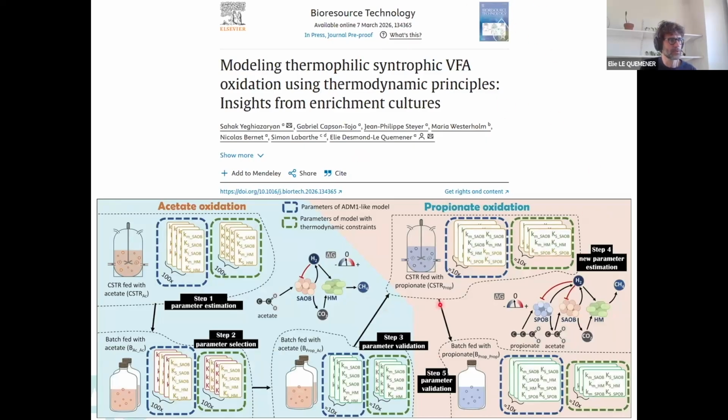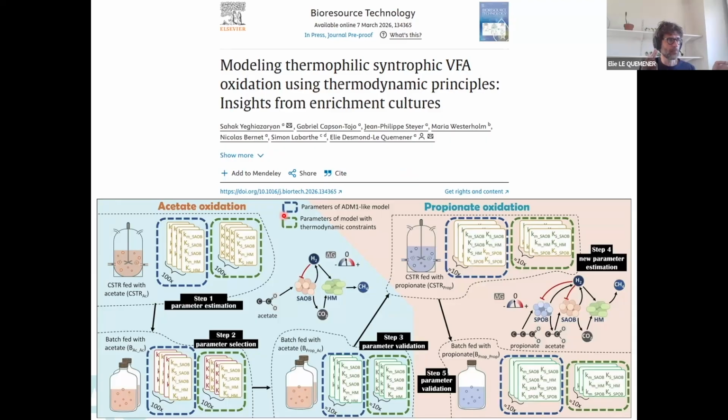So if you want to go deeper into this modeling, we have a brand new article. It was published this week, but the final version will probably only be available next week or the week after. In this article, we analyze acetate oxidation and propionate oxidation with the classic ADM1 model, or not classic, because in the classic ADM1 you don't have syntrophic acetate oxidation, but with a classic function, let's say.